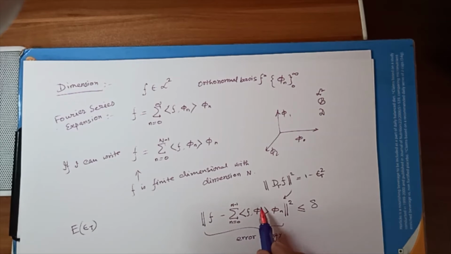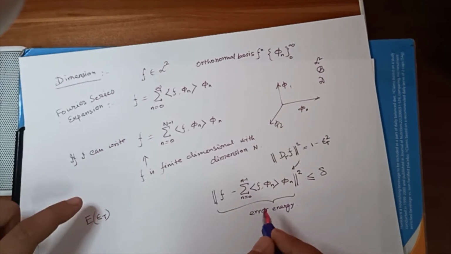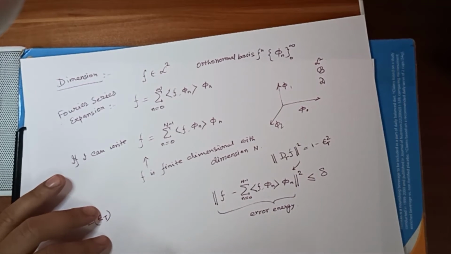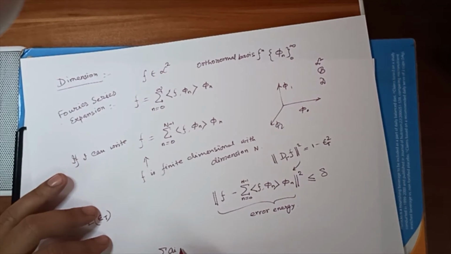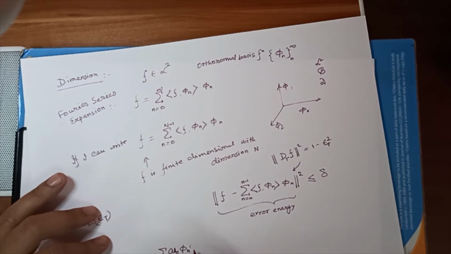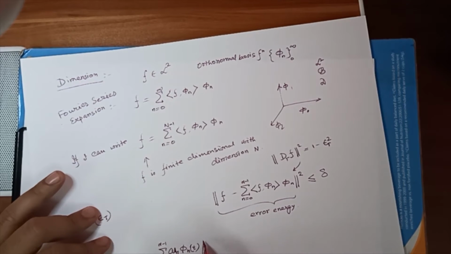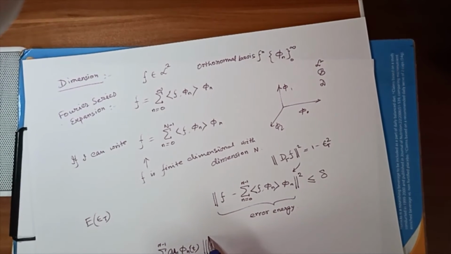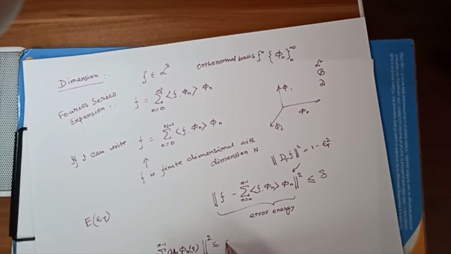Now this inner product comes from orthonormality, but generally speaking, from linear algebra, we know it is good enough to write the sum of a_n phi_n(t), n equal to 0 to N minus 1, and this is less than some delta.